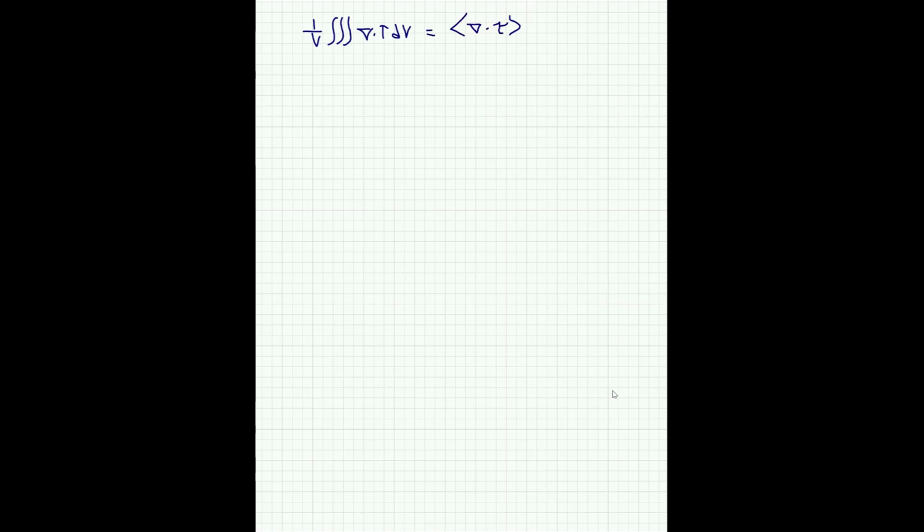And from Gauss's theorem, in general, if we integrate the divergence of a flux over a volume, that equals the flux normal to the boundary over the area of the boundary. So here's the region.